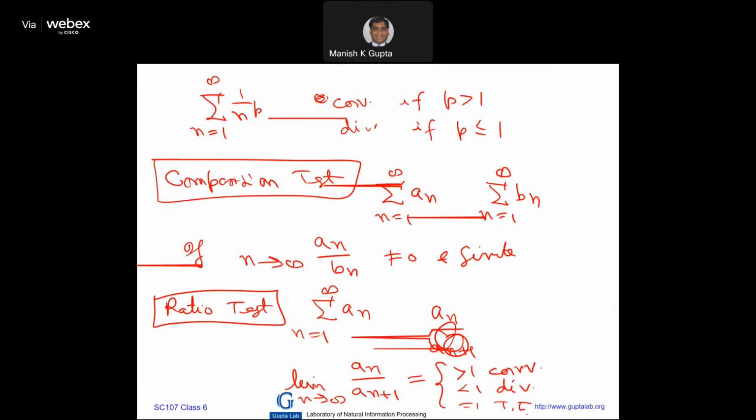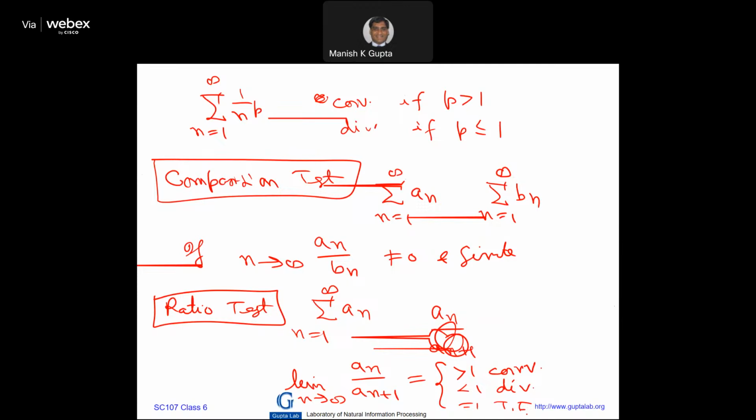A very natural example might be 1 plus x square by factorial 2 plus x cube by factorial 3 plus x raised to power 4 by factorial 4. What is the sum of this series? E to the power x. You know the convergence, everything very well, and this is convergent for every real value of x.